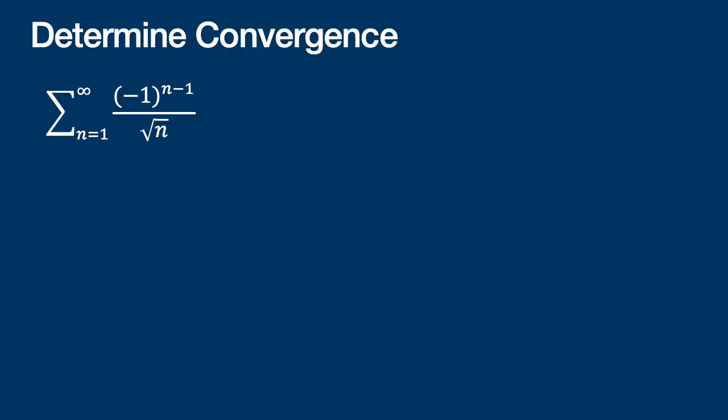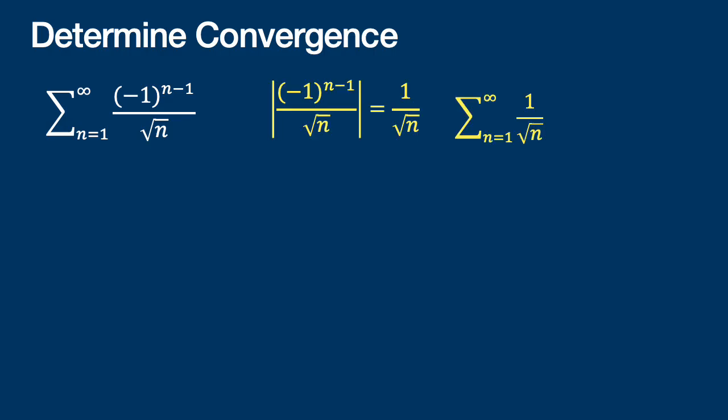Another example: let's decide if this alternating series converges or diverges. Let's check it out here, guys. Take the absolute value of each term inside. The absolute value drops the sign (-1)^(n-1), since the absolute value of -1 is always 1, leaving 1 over the square root of n.